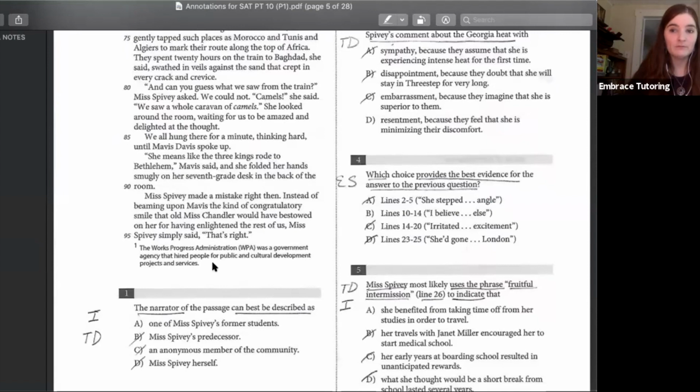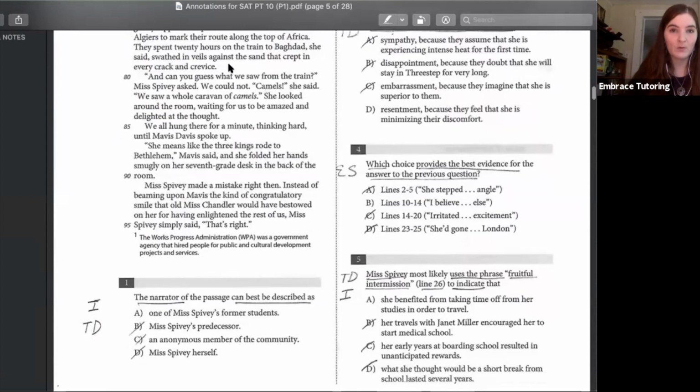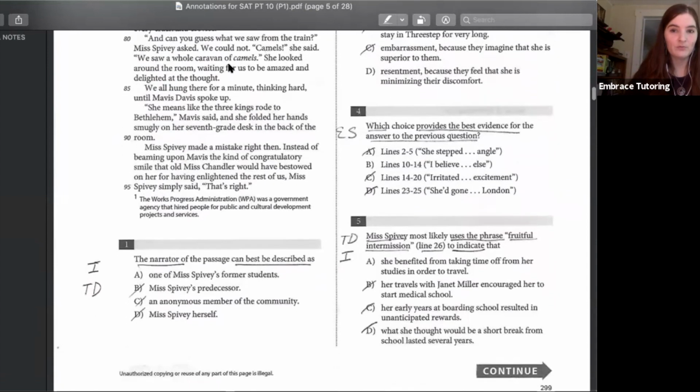Everyone's good? Everyone did a perfect score on this section, or you know what you did wrong?